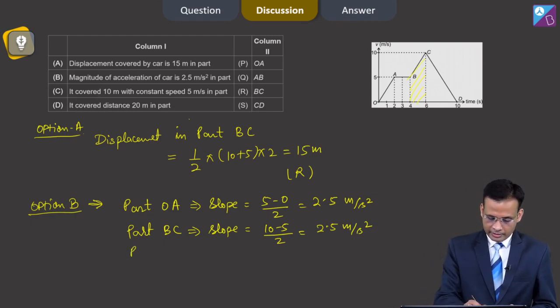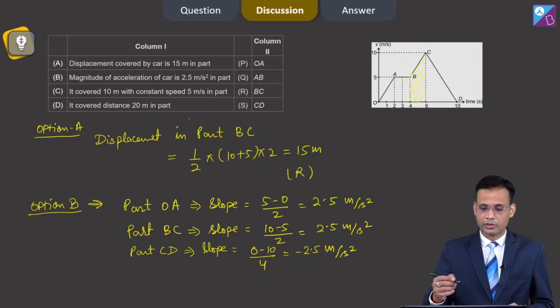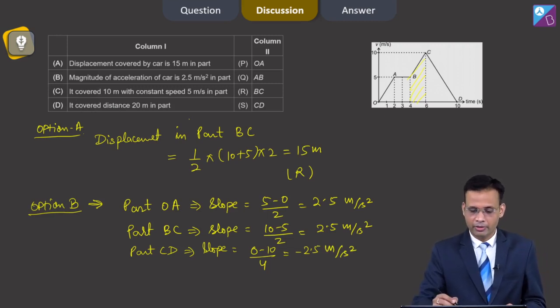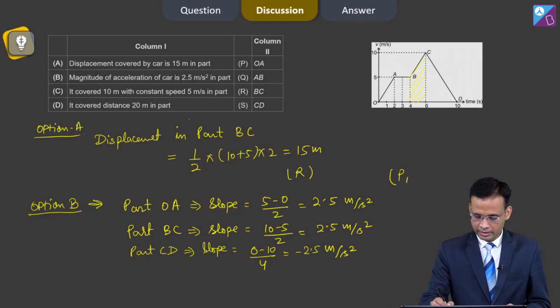Again, for part CD, slope will be equal to 0 minus 10 by 4, that is equal to minus 2.5 meter per second square. So, the acceleration in part CD will be minus 2.5 meter per second square. So, the correct answers for option B are P, R and S.